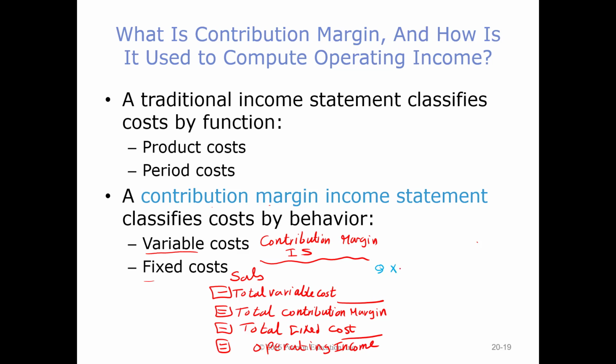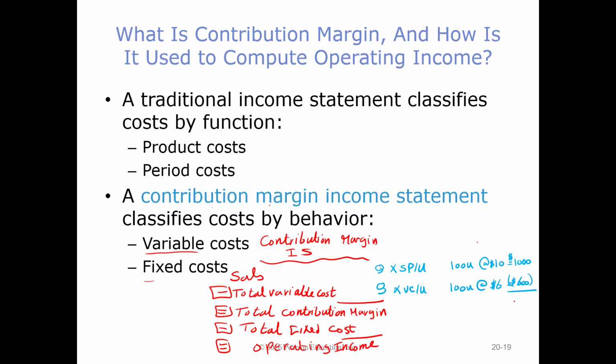It is quantity multiplied by the selling price per unit. If I assume that I'm going to sell 100 units at $10, the total sales will be 1,000. And then I will go for the total variable cost. Again, it will be the same quantity multiplied by the variable cost per unit, which is 100 units at, for example, $6, which is $600.